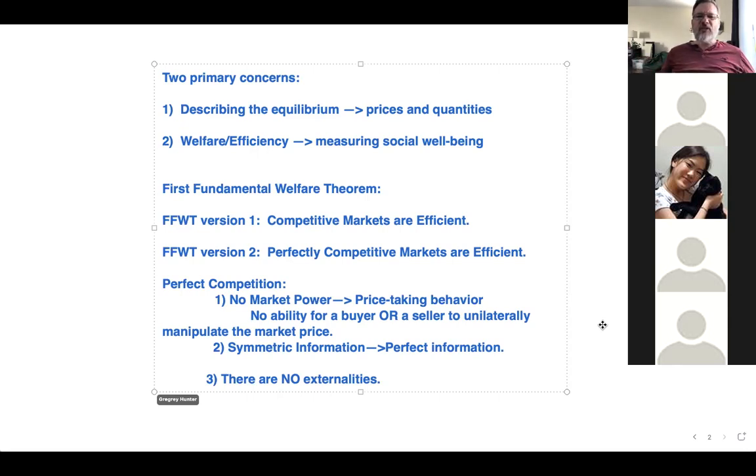And usually you can trace that back to a violation of one of these assumptions, that the market might on a first level look competitive, but when you start to look at it more closely, you realize no, something else is going on here. There might be lots of sellers, but maybe one of them is a dominant player. And we'll talk about that towards the end of the class too.